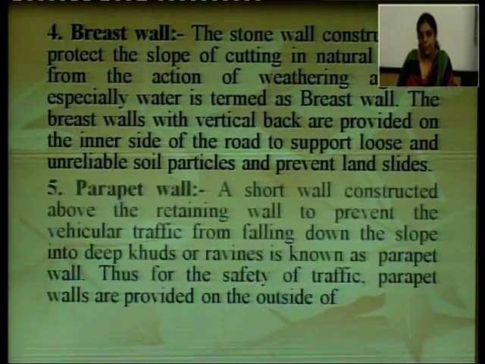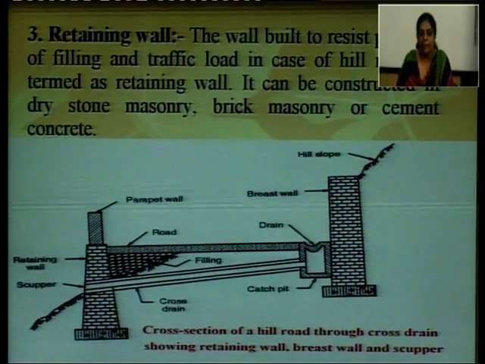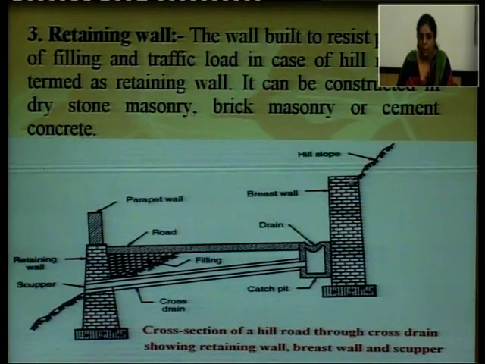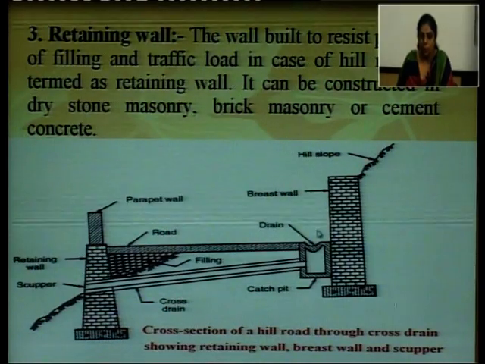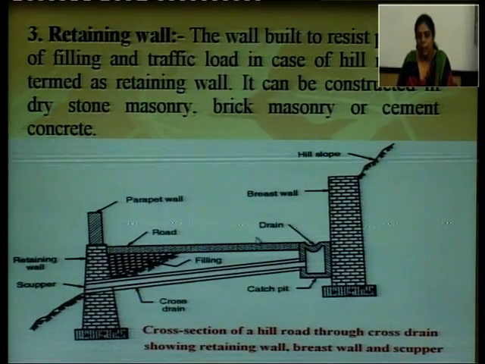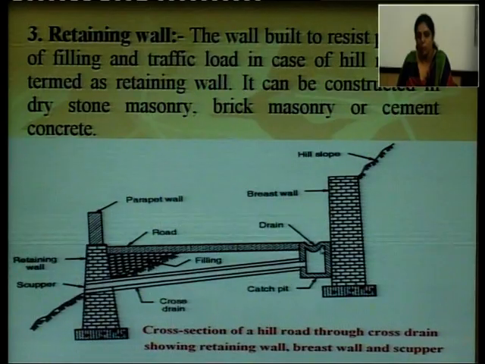So, here in this diagram you can see that water can come down the slope like this, it will go down to this drain, this side drain. Also the water from the hill road itself will flow towards this drain, or down the slope.